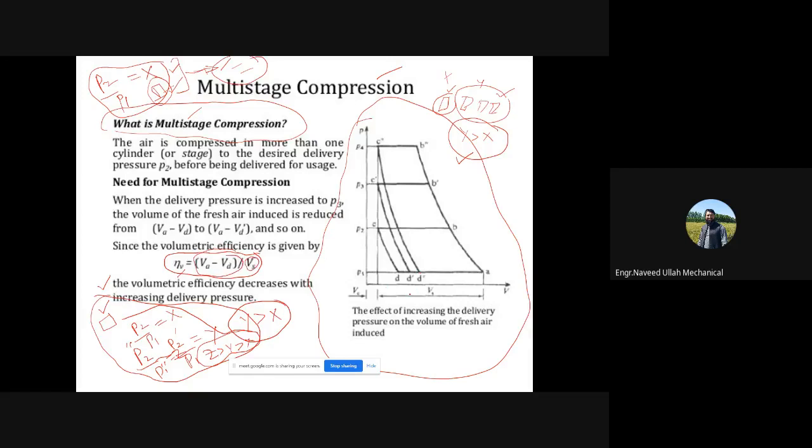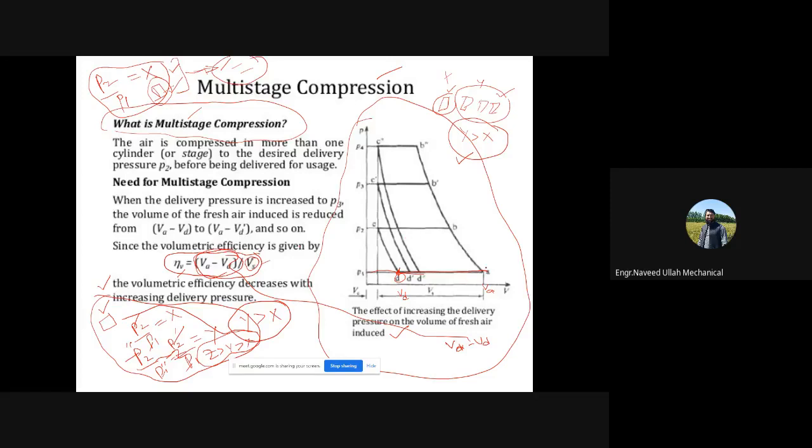Now look, let's say for example this is the same PV diagram where the effect of increasing the delivery pressure on the volume of fresh air induced is shown here. तो delivery pressure जो है, look, P1 जो है तकरीबन same ही होगा, बल्कि same ही है, P1 is the same. Delivery pressure जो है ना वो change होता है, पहले P2 था, then P2 bar and then P2 double bar. So if you see here in this first case, this is basically VA is the induced value, this is your VD, this is your VA, and we will be having VA minus VD, that is here the induced volume.